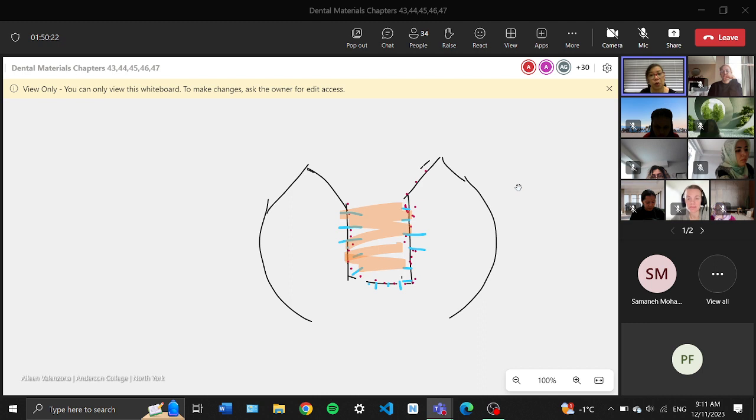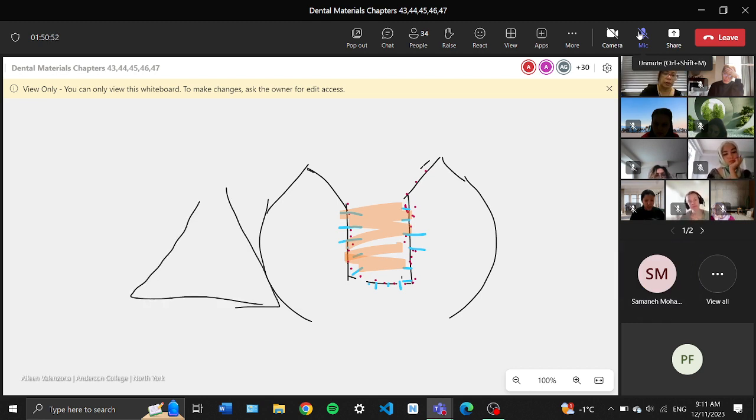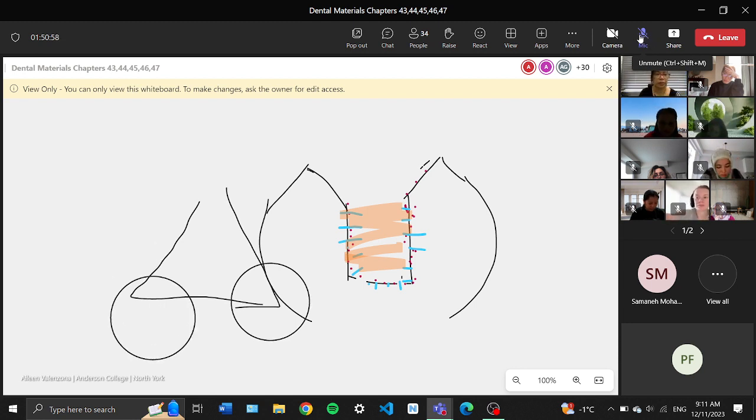So that is the way for the composite material to adhere, to hold. Unlike in amalgam, where the dentist will do this type of retention and not place any bonding or etchant. All right, so let's continue.